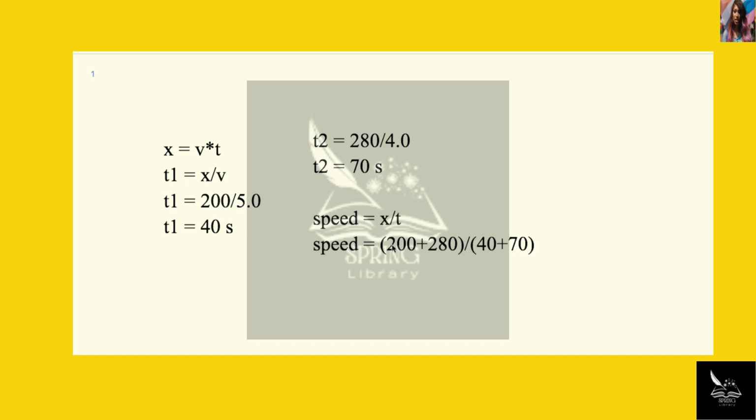Or in other words, it's the total distance divided by the total time. Putting this on a calculator, we get that the average speed to 2 significant figures is 4.4 meters per second.